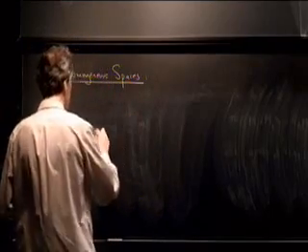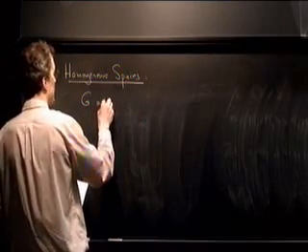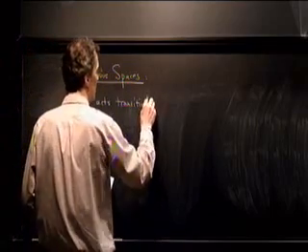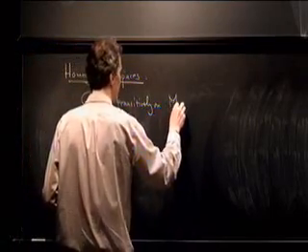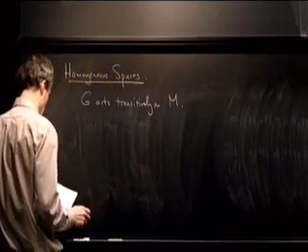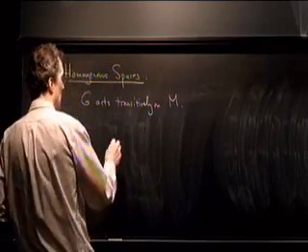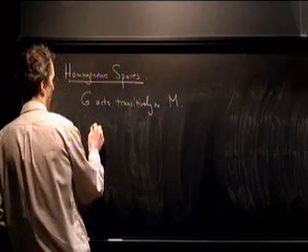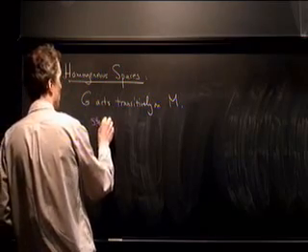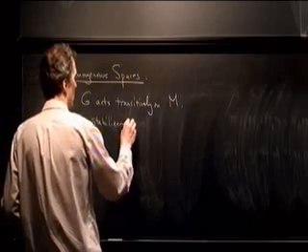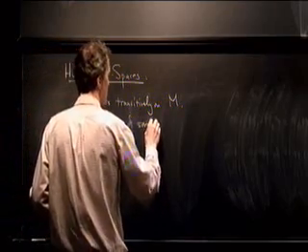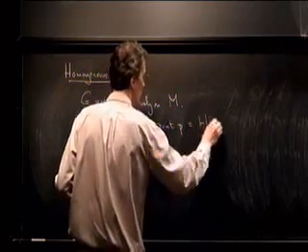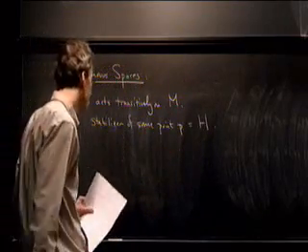Supposing that G acts transitively on M, then every point has a stabilizer, and the stabilizer of some point P will be some subgroup H in G.